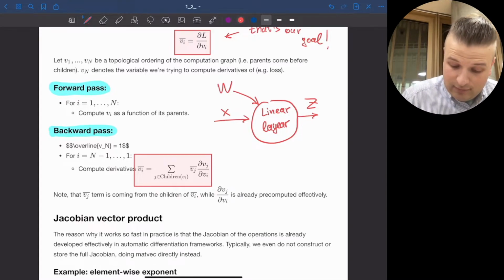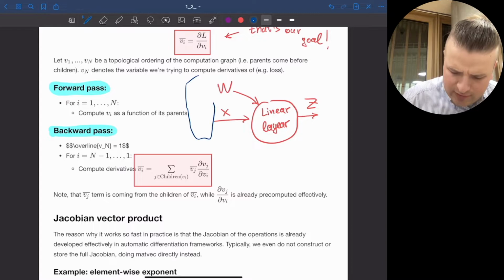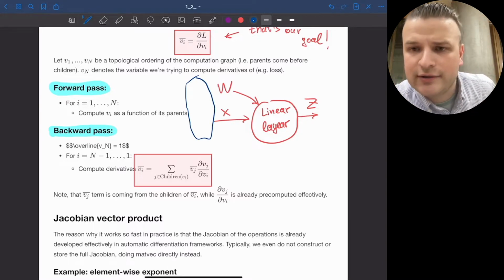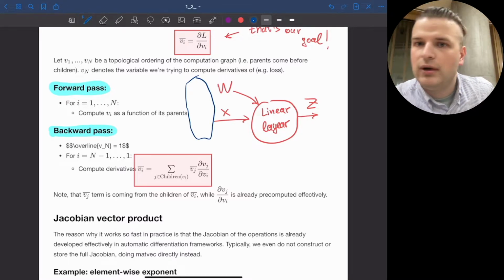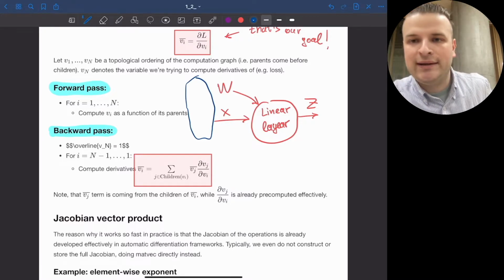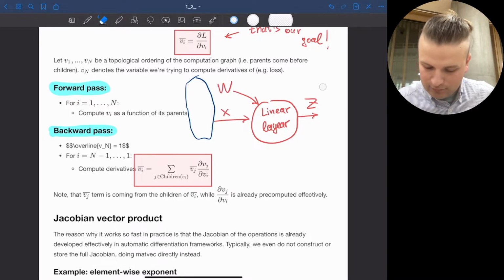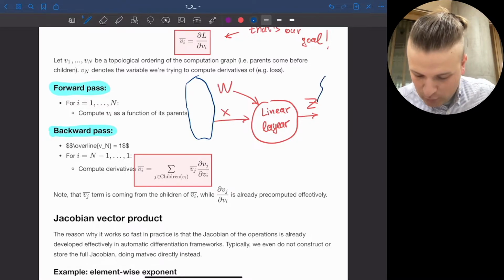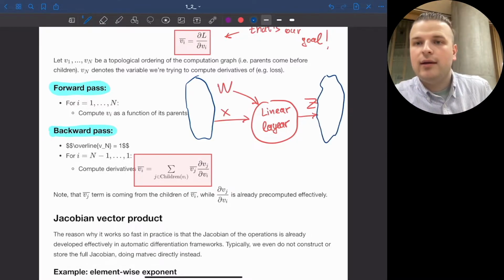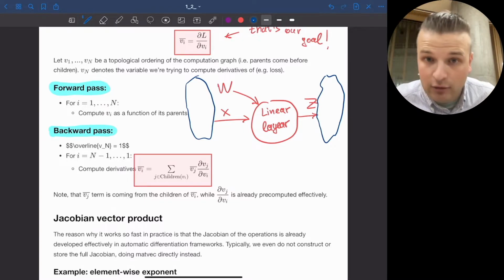And here could be another part of our neural network. I don't know, let's say 100 layers could be here before this linear layer. And actually, the same situation happens after our linear layer.